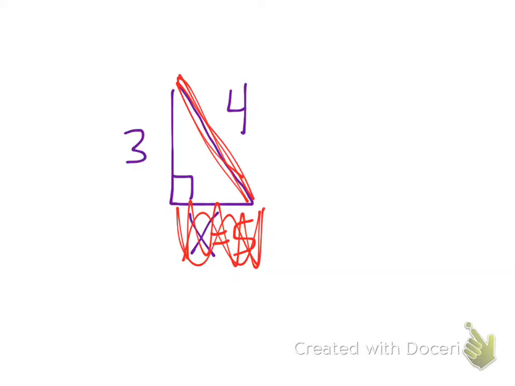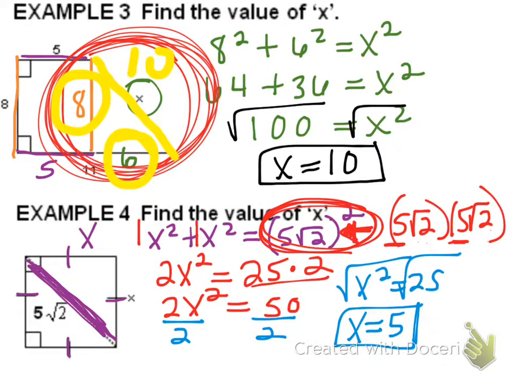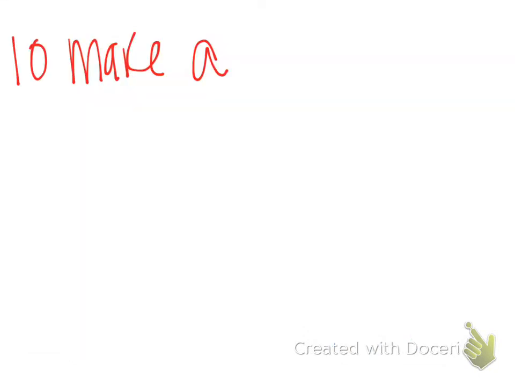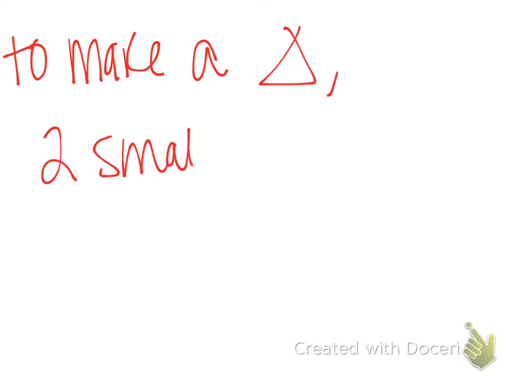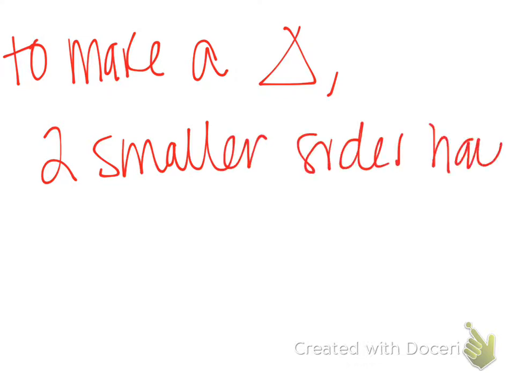Okay, so we've learned this rule before, but to make a triangle, and it doesn't say this, I don't think, on your notes, to make a triangle, the two smaller sides have to be greater than the third.